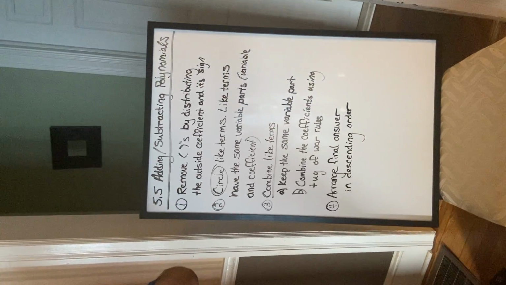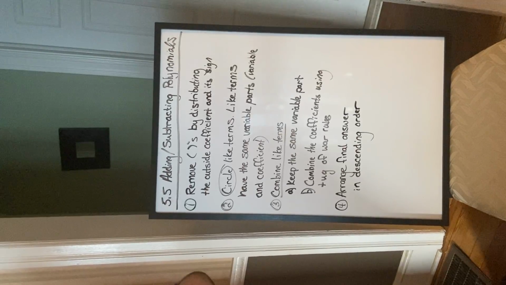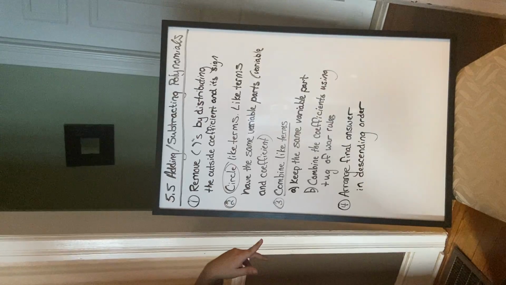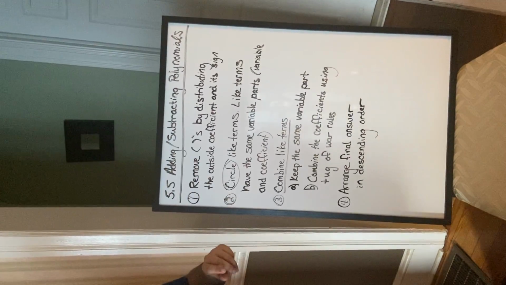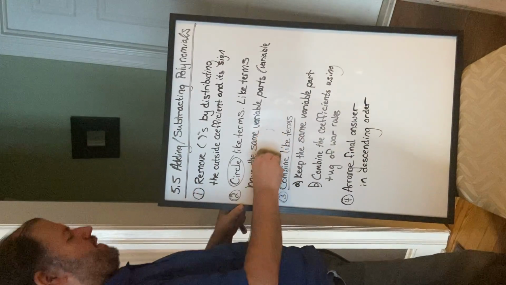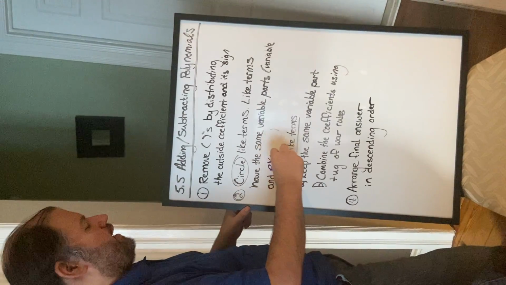Group them by circling or underlining so that you know which like terms go with each other. Remember, like terms have the same variable parts. That means you have to have the same variable and exponents, not coefficients. So make sure they have the same variable and exponents.